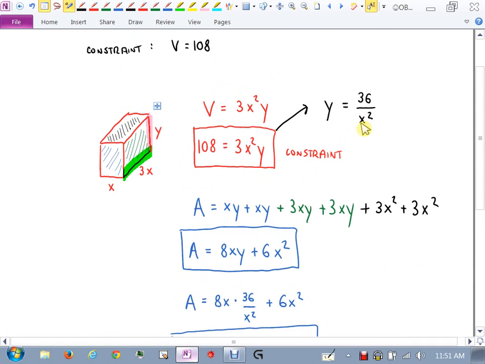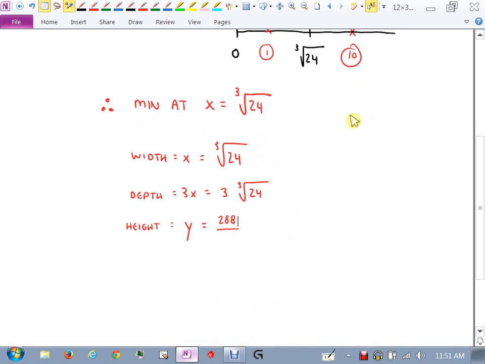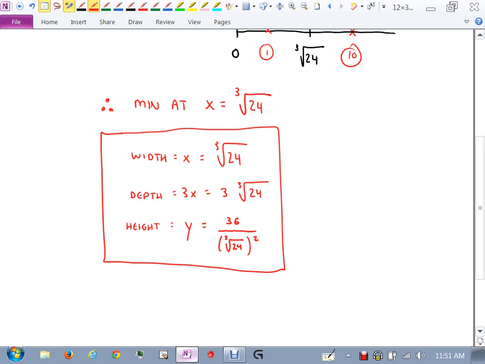Here it was. 36 over x squared is what it was, right? That was what y was? So this is going to be 36 over x, which was the cube root of 24, squared. This is it right here. Those are the exact values.